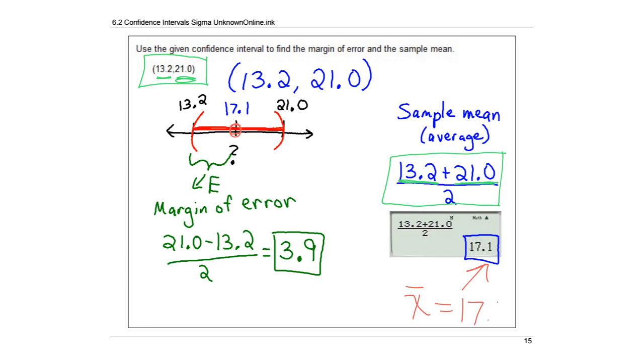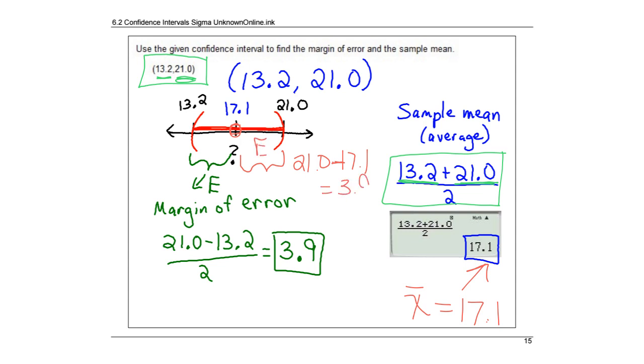Now at that point, I have a couple of choices. I can just subtract. That's what I would do. You could just subtract 21.0 minus the 17.1, and that's going to give you your margin of error, because remember the margin of error is on each side.